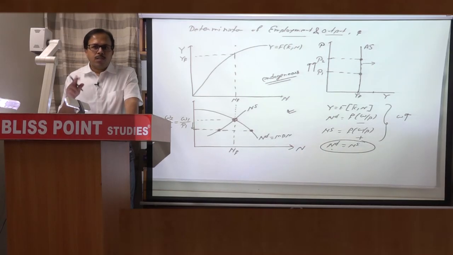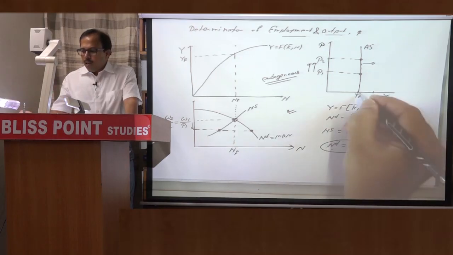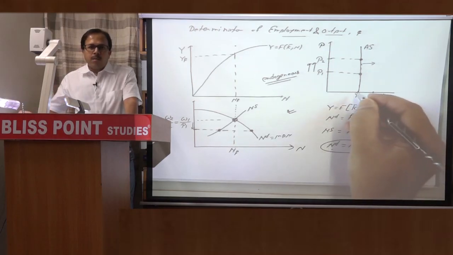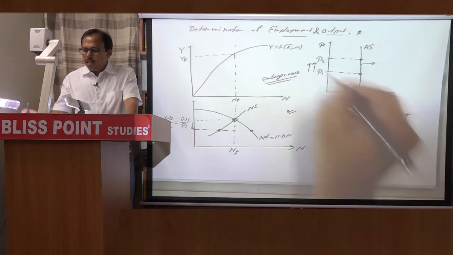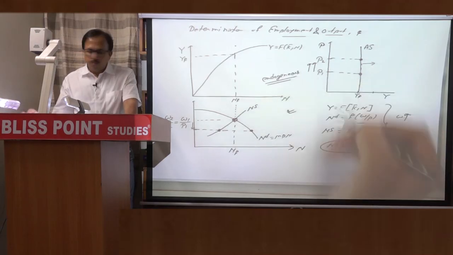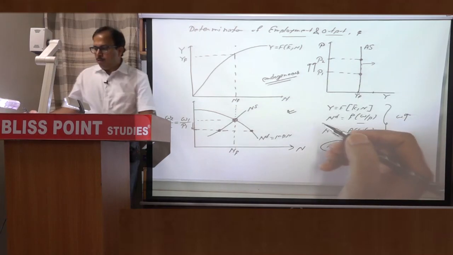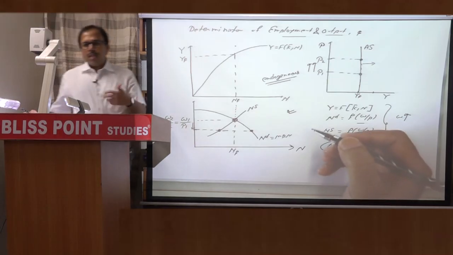Next sentence, this implies that output remains at the same level despite increase in price.